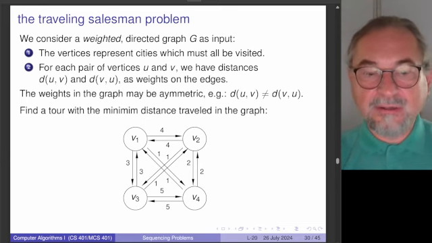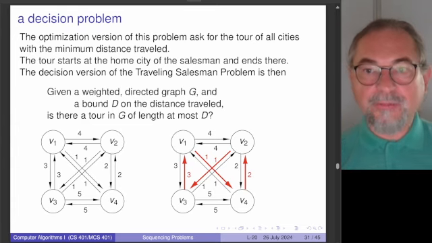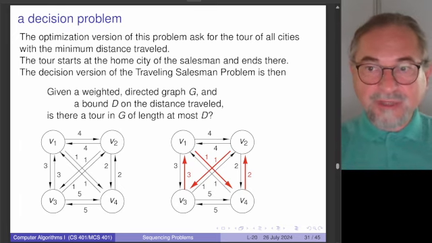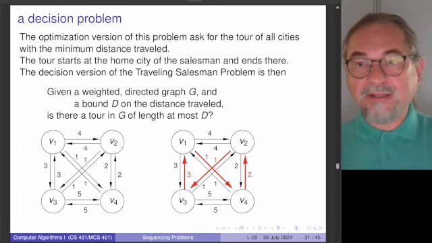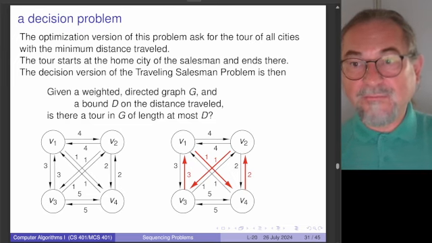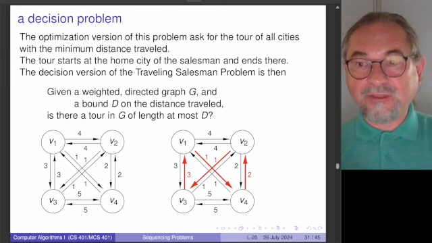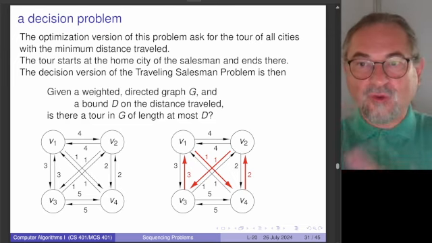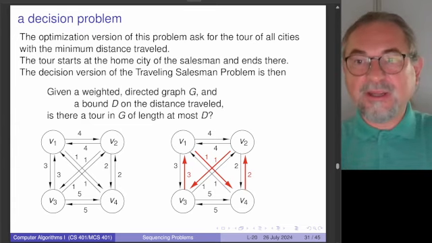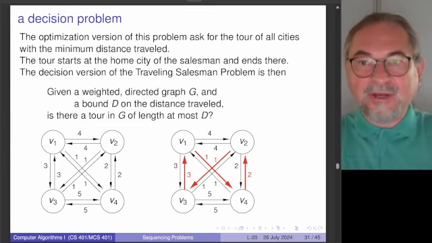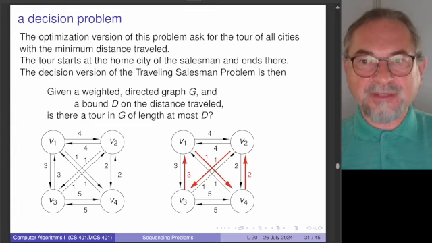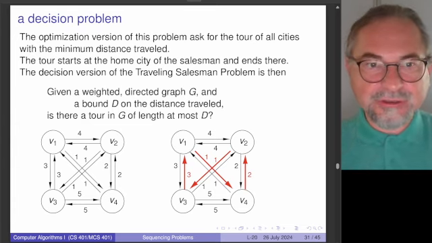reformulate this as a decision problem, because as we have seen, any optimization problem can be reformulated as a decision problem. If you can solve a decision problem efficiently, then you can ask your black box to solve the decision question in a kind of binary search fashion. So that's why we focus on the decision problems in this part of the course.